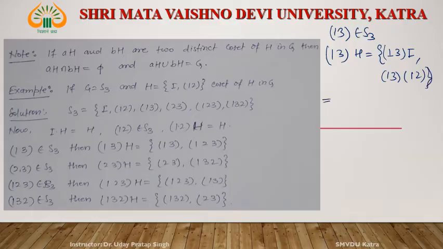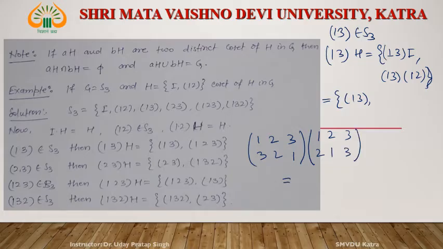What is (1 3)I? (1 3)I is (1 3). And what is (1 3)(1 2)? It is (1 2 3). How? What is (1 3)? The image of 1 is 3, 3 is 1, and 2 is 2. This is (1 3). And what is (1 2)? The image of 1 is 2, 2 is 1, and 3 is 3.